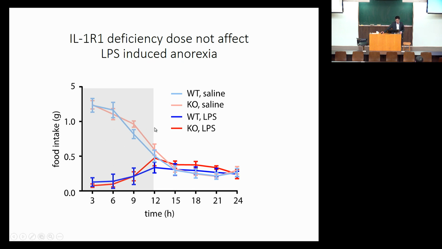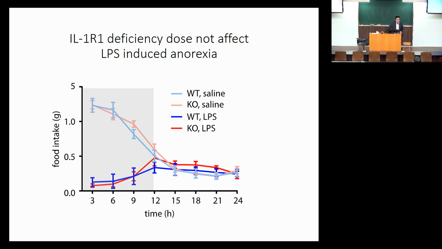Usually, in the control, they eat a lot in the dark phase, and after the light turns on, the food intake decreases. When you inject LPS, their food intake is suppressed like this. Both wild type and knockout have a similar level of decrease. It means IL-1 receptor 1 deficiency does not affect LPS-induced anorexia.